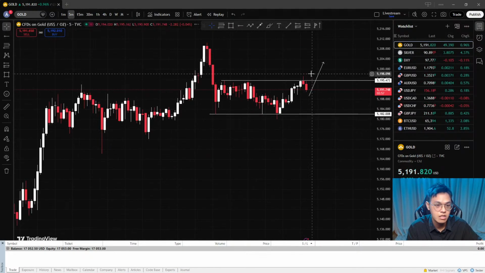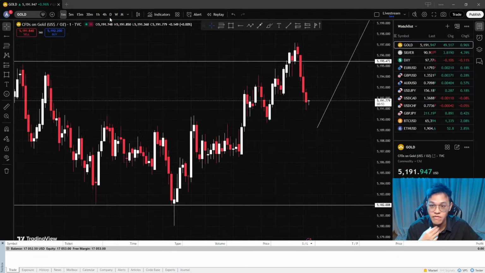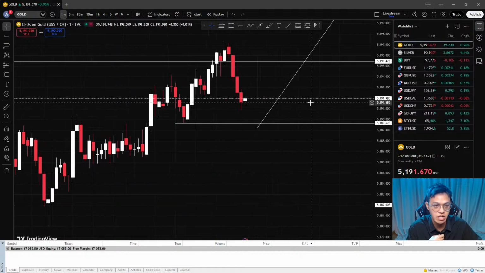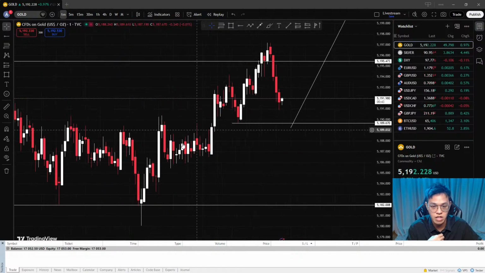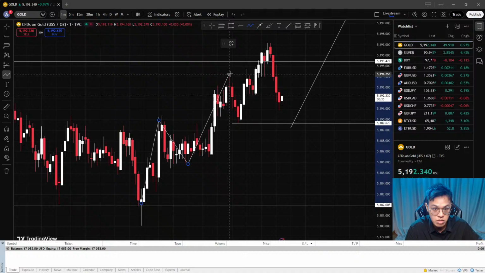After I look around the 5 minute chart and the 1 minute chart, the main significant low is here. If you look at the 1 minute chart, just now I mentioned that here is the uptrend structure.